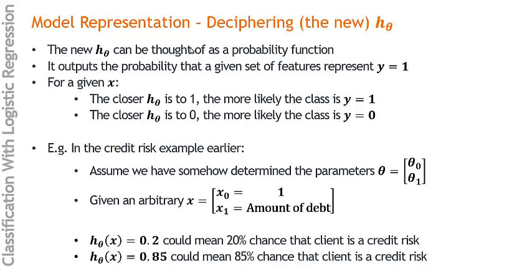So this function could be interpreted as a probability. The closer that h is to 1, the more likely the class is 1. The closer that h is to 0, the more likely the class is 0. And of course, the values of h are going to depend on the model parameters and the particular feature values for each particular data point.